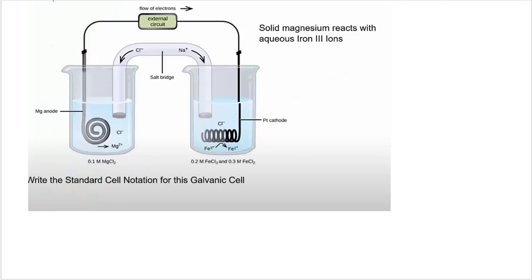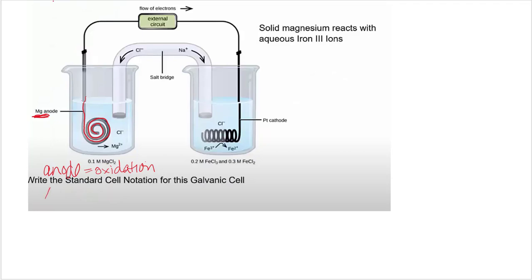All right, first, on my left side, we know that we've got my anode. So we know that oxidation is happening on the left. And it looks like we've got a magnesium anode. So I have a strip of magnesium that's all coiled up here. And it looks like I'm going from solid magnesium, again oxidation.